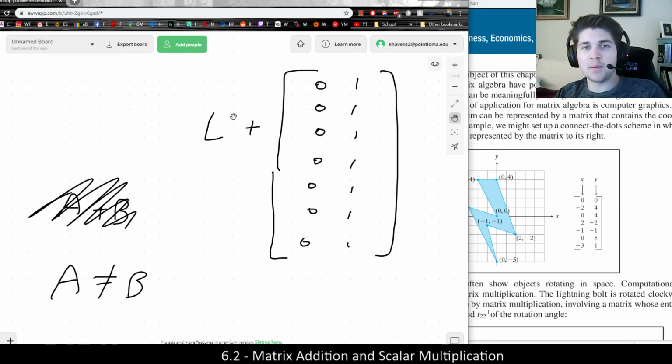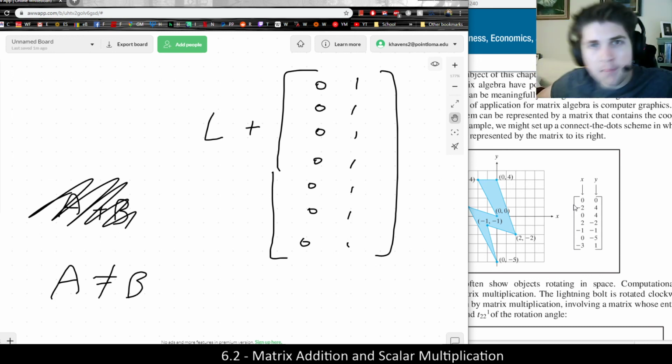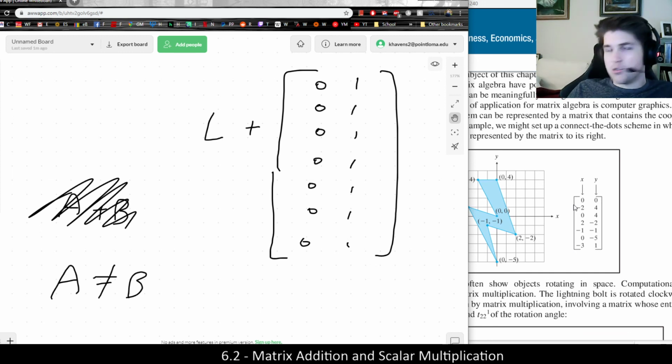And say I was developing a video game where I wanted an image to move to a particular location, it'd be very simple to do, even in a 3-dimensional sense, where you would just need to add an additional third component to those matrices. Instead of being 7 by 2, I could make it 7 by 3, and then we would have 7 points in 3-dimensional space, which make up a 3D polygon as opposed to a 2D one.